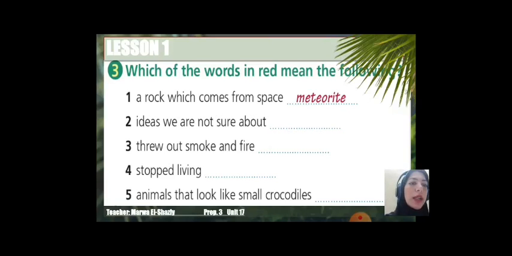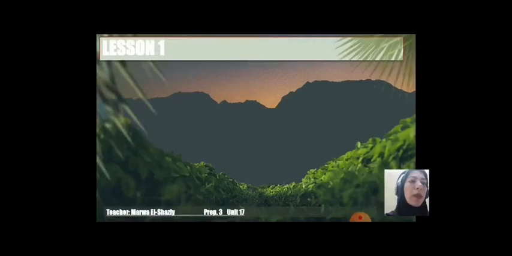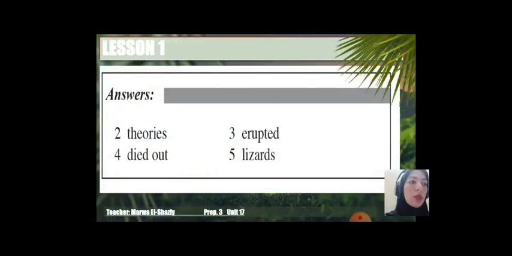Animals that look like small crocodiles. I want you to go back to the text to check these meanings. Pause the video and go back to the text and find the answer. Check your answers with me. Number 2, theories. Number 3, erupted. Number 4, died out. Number 5, lizards.